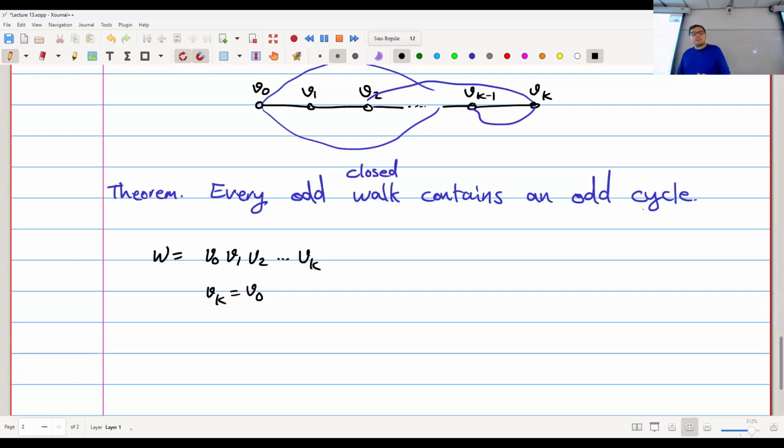So I first check, is my closed VOC already a cycle? If it is a cycle, I'm happy. I don't have to do anything. I found my solution. Otherwise, if it's not a cycle, it means that there is some i and j such that i is not equal to j, but Vi is equal to Vj.